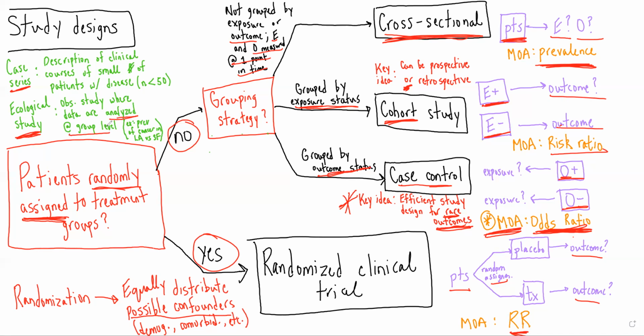So for example, an ecological study would be comparing the prevalence of cancer in Los Angeles versus in San Francisco, because we're not looking at patient by patient who has the disease, who doesn't have the disease. We're just looking in this big group, patients in LA, patients in San Francisco, who has the disease. So those are two other less commonly tested study designs.